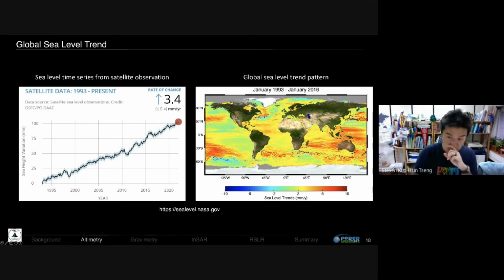figure here, the red part means that in a certain period, some ocean has a very strong rising rate. So for example, in the west near Indonesia, the sea level rise could be up to 5 to 6 millimeters per year in this particular time span, 1993 to 2016.